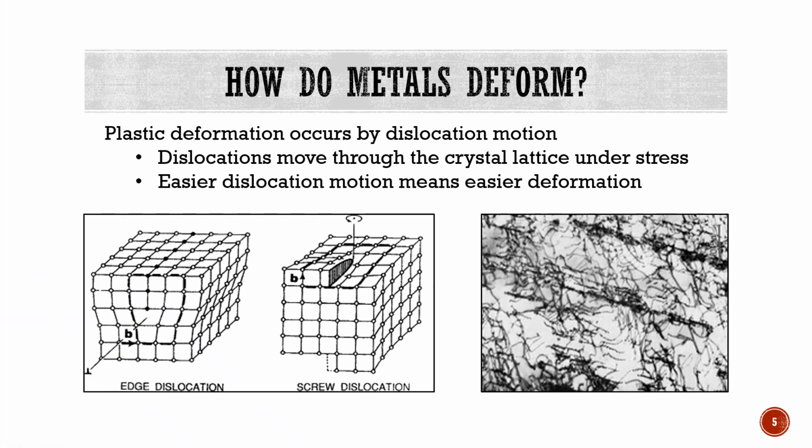Plastic deformation in metals occurs mainly through dislocation motion. Dislocations are line-like defects in the crystal lattice that form when metals are bent, stretched, or compressed during processes such as bending, rolling, or forming. When stress is applied, dislocations begin to move through the crystal lattice rather than breaking atomic bonds everywhere at once.